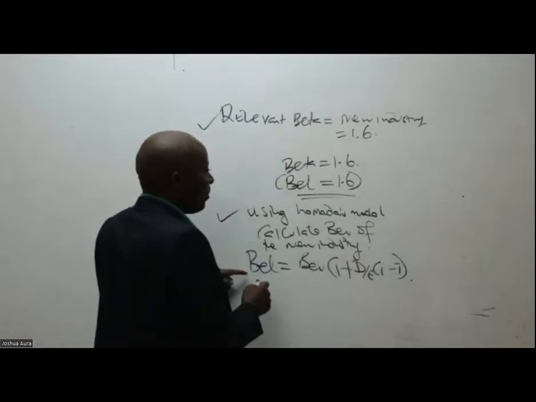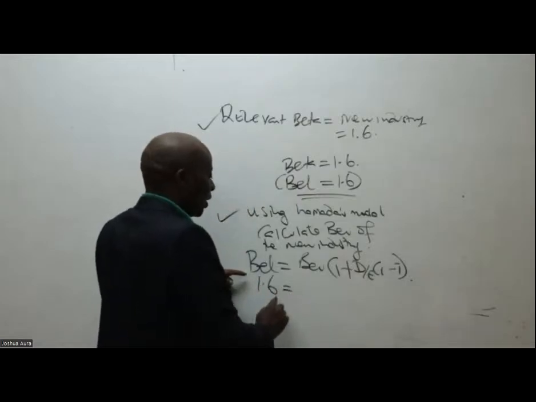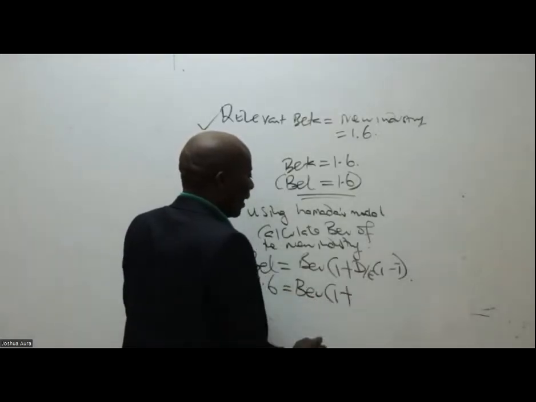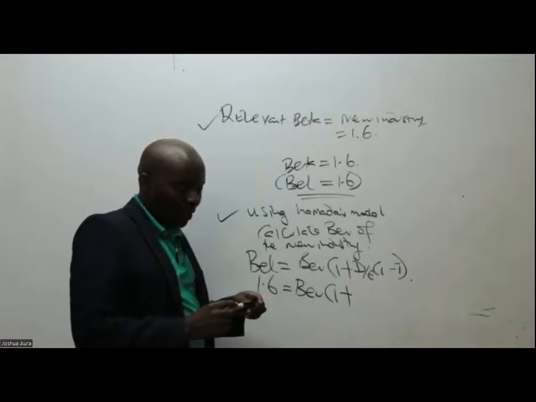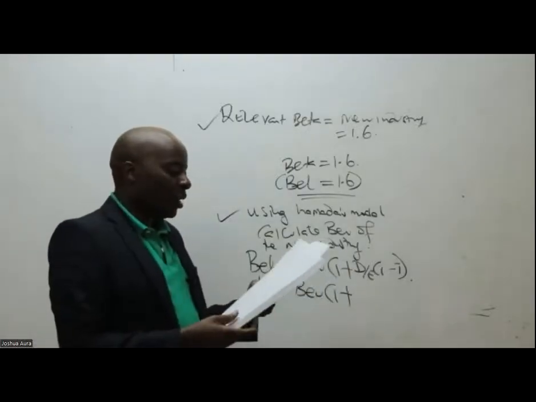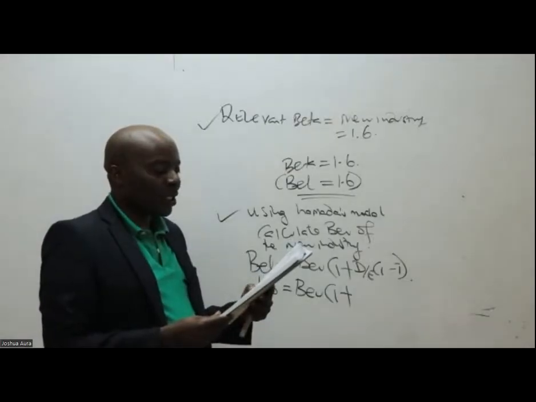So BEL has been given as 1.6 equals BEU, that we don't know, into 1 plus debt over equity. Has the examiner given me debt over equity of the new industry? The new industry, which is the electronics industry, debt is 30%, equity is 70%.